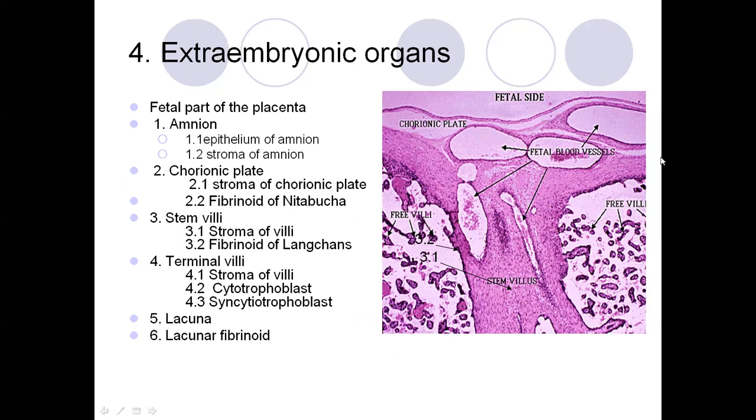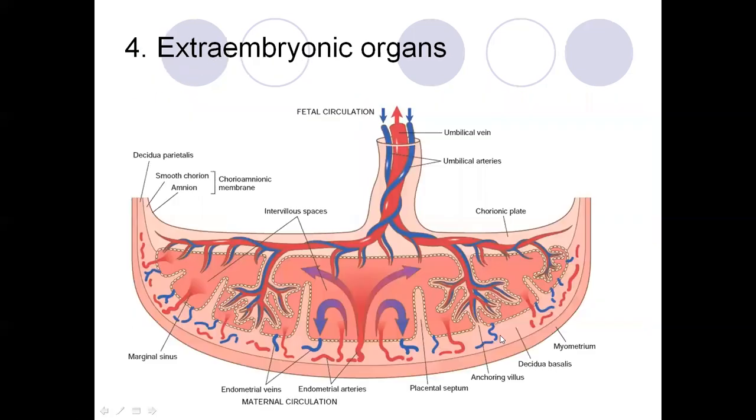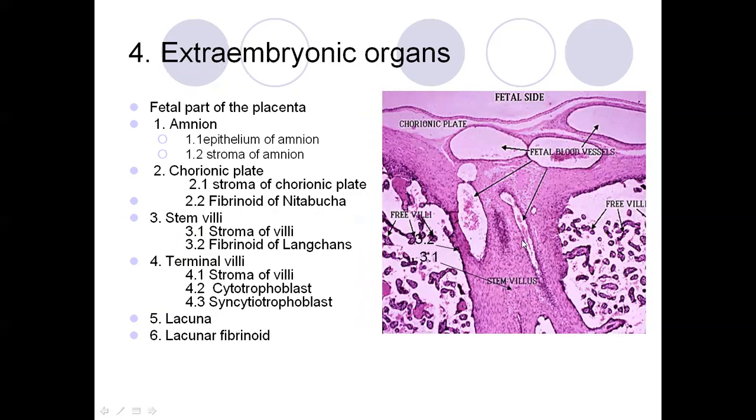Then the chorionic plate, which contains a lot of fetal blood vessels, and stem villi, like this stem villi, with vessels also. And you can see terminal villi, large branches of the cotyledon.